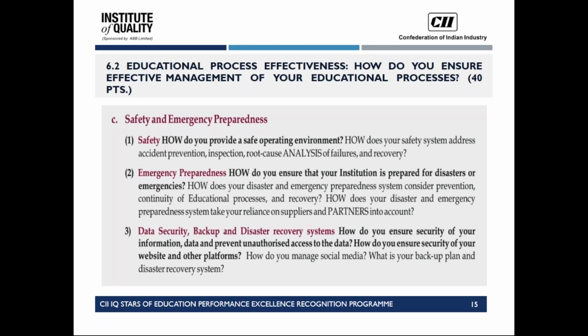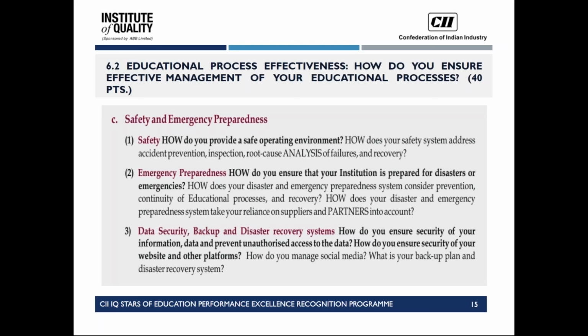And in the case of emergency preparedness, how do the institution ensure that it is prepared for disasters or emergencies? How does the disaster and emergency preparedness system consider prevention, continuity of educational process and recovery? And how does the disaster and emergency preparedness system take reliance on suppliers and partners into account?